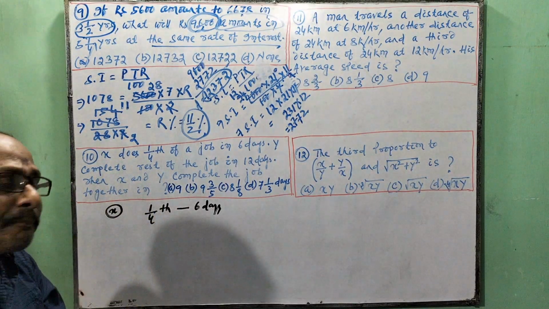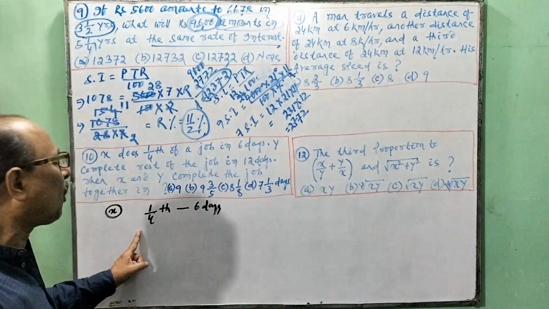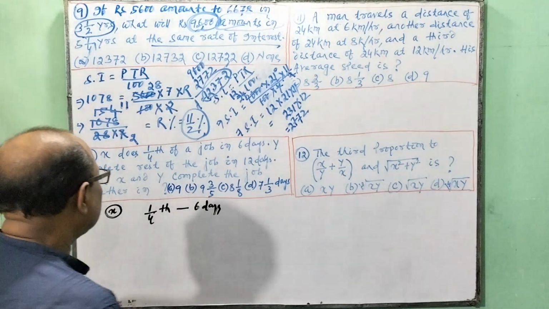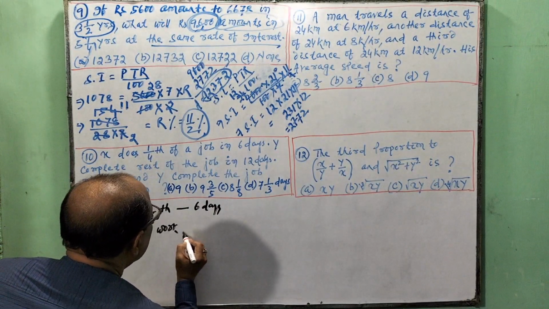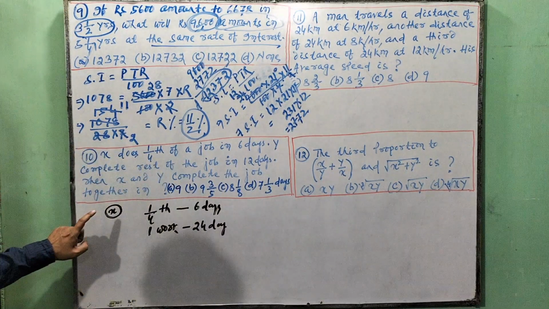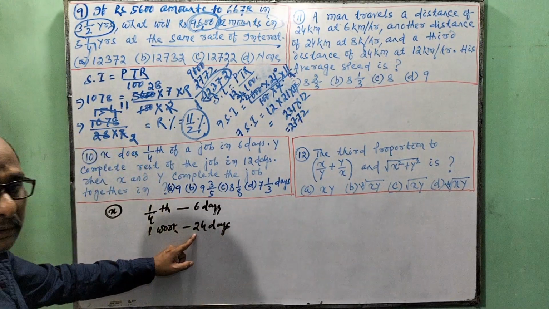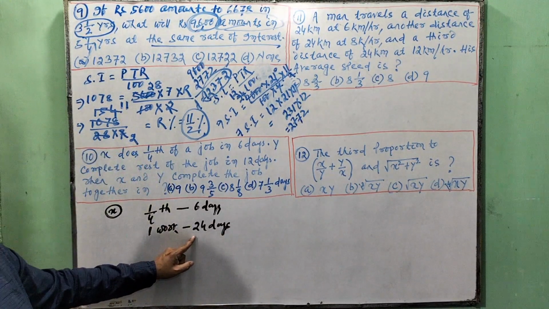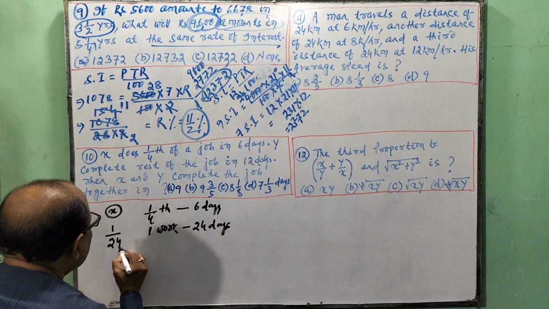So the total, 4/4, means 1. The 4/4 work then takes 24 days. So X completes the work in 24 days, so X's 1 day work is 1/24 part of the work.